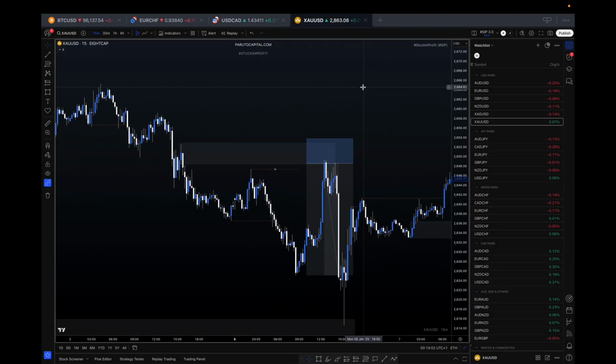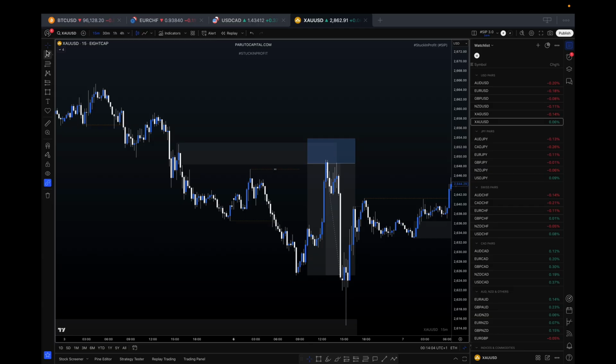Look at gold, for example. Here you can see we had this structure: high, low, price comes, sweeps that, taps into this, and then sells off. Simple and straightforward, at least based on what we're seeing here in the market.